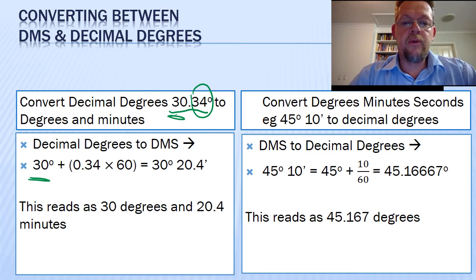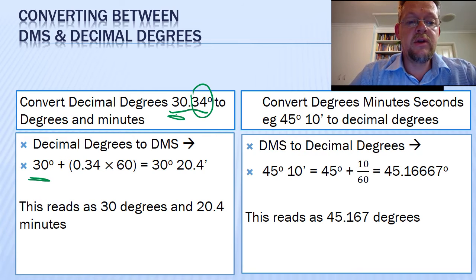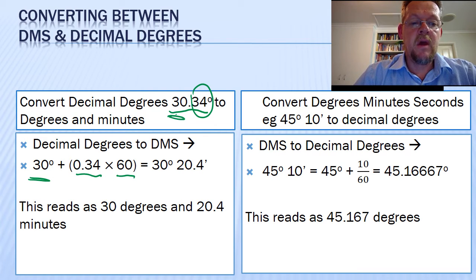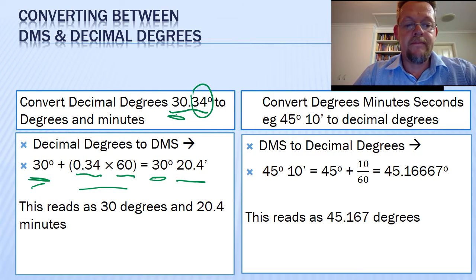Now this 0.34 is base 100, so we count up to 99, then 100, and we get to a new degree. But when we're thinking of degrees and minutes, if we count 59 minutes and then 60 minutes is a new degree. So what we just need to do is say 0.34 multiplied by 60 minutes per degree. Now this will read as 30 degrees and 20.4 minutes.